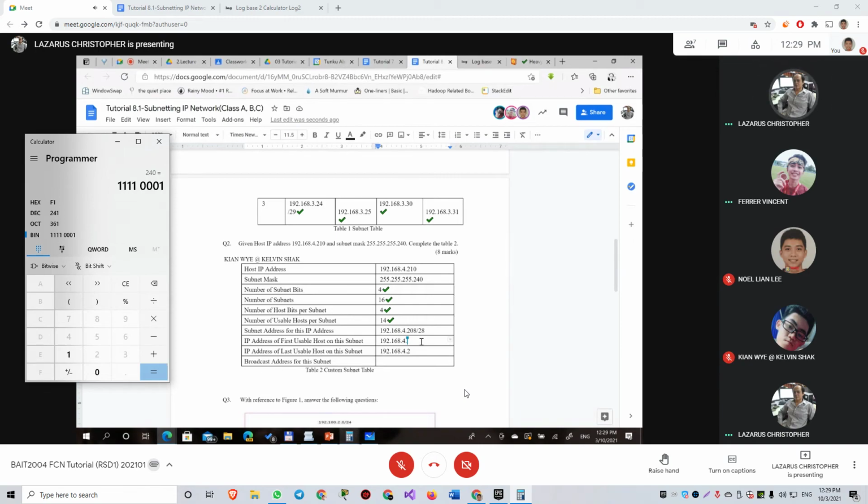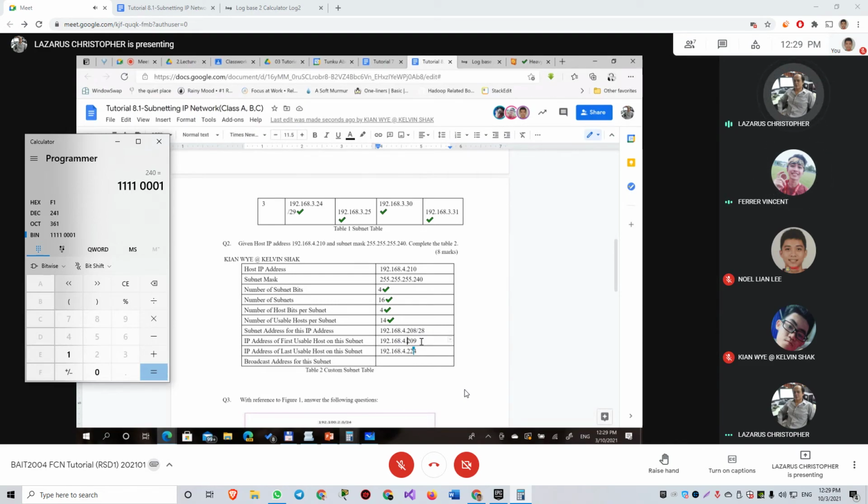Then to find out the last usable, it is the address just before the broadcast address. So in order to find the last usable, you find the broadcast address first. The magic number is 16. So 208 plus 16 is the next subnet address, which is 224. Yes, 224.